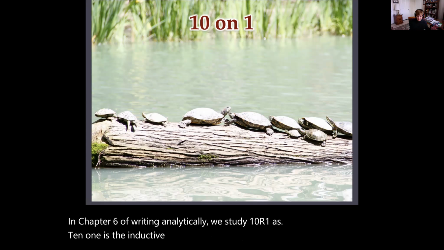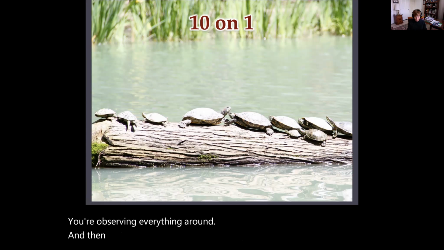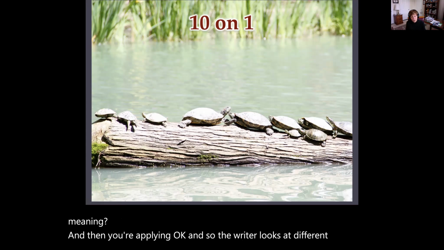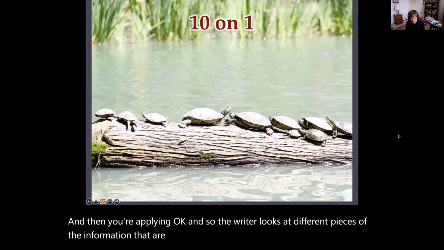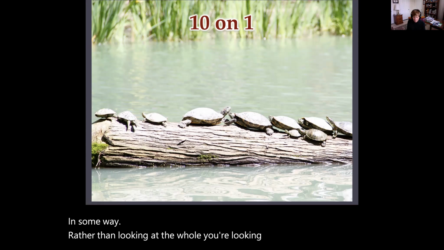So you're observing everything around, and then you're gathering information, you're interpreting what is the meaning, and then you're applying, okay? And so the writer looks at different pieces of the information that are united in some way. Rather than looking at the whole, you're looking in depth at the parts that represent the whole.